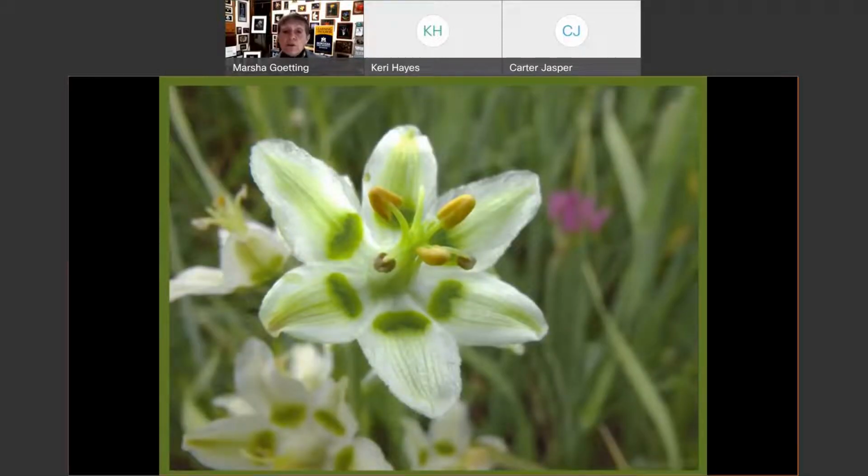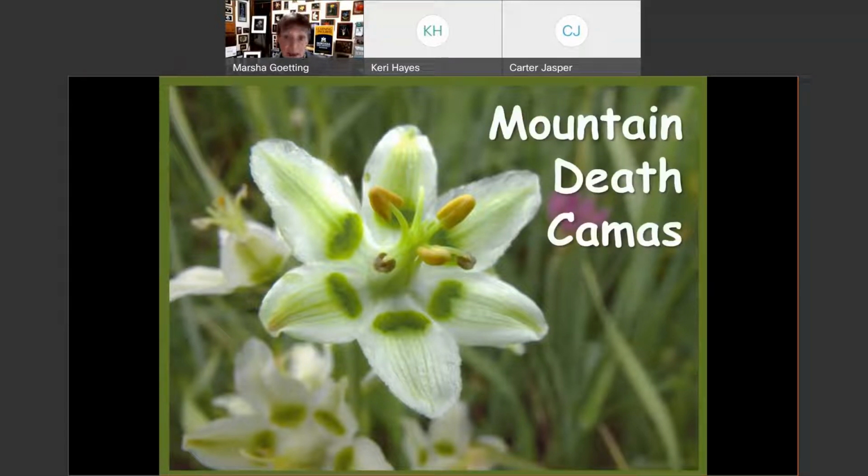Now, what we have here, how about a guess? Well, every now and then I have at one of my meetings somebody that's a real botanist, and they even give the Latin name. I don't bother. This is a hobby for me, and it is a mountain death camas. And would you believe, early on in my wildflower days, I made a card out of this, and I sent the card to my best friend's mom, who has cancer, and I'm sending her a death camas card.